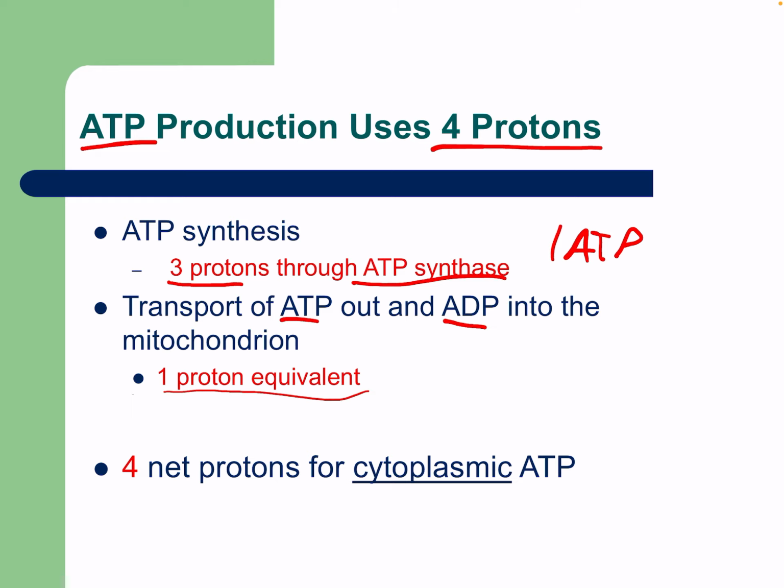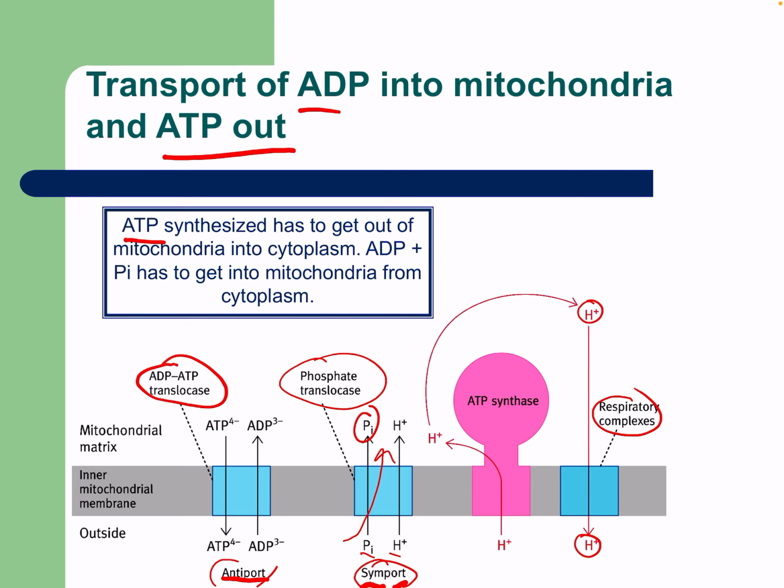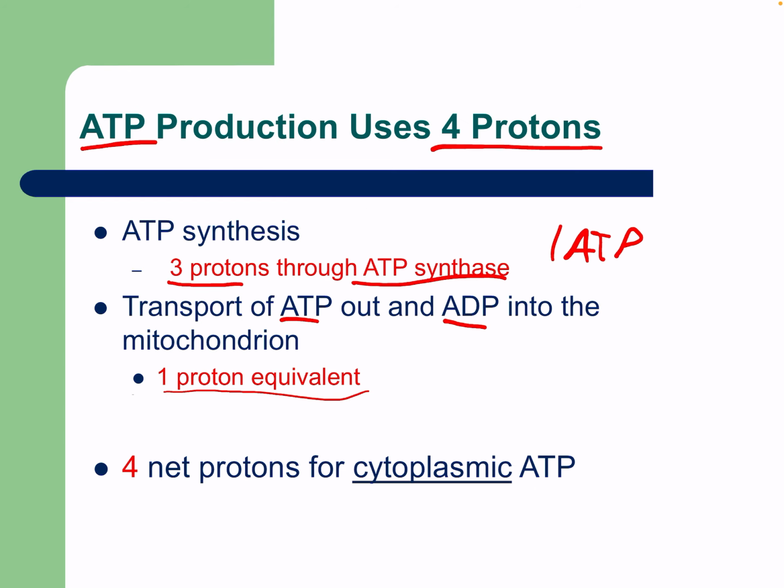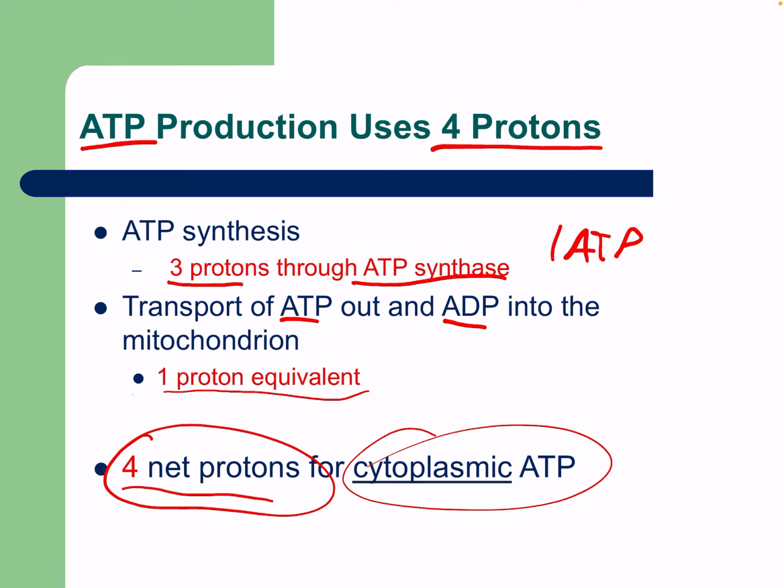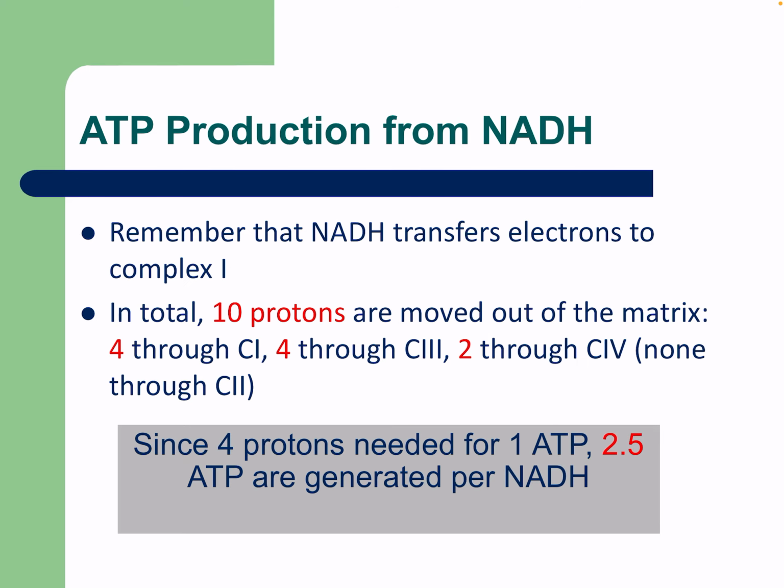That was through our antiport mechanism. Again, there are 4 net protons for cytoplasmic ATP. So even though it's 3 protons through ATP synthase, it ends up being 4 net protons for 1 cytoplasmic ATP, essentially because you have to use 1 to help get it out. That's why this is highlighted, cytoplasmic.